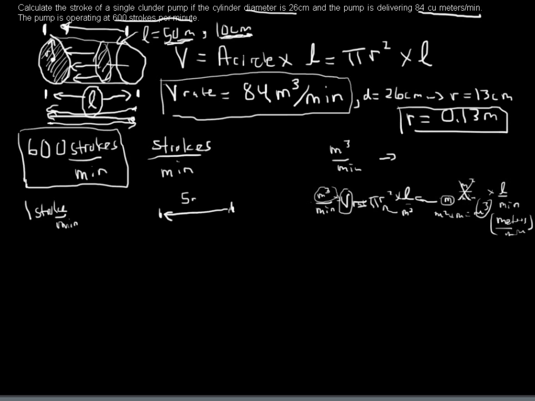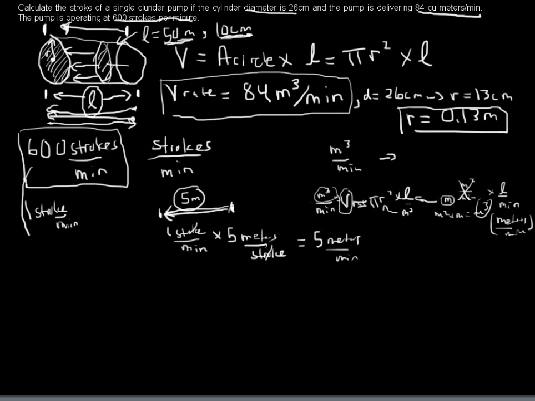Let's say this was 5 meters. So you would multiply 1 stroke per minute by 5 meters per stroke. Unit wise it makes sense because strokes would cancel out and you would cover 5 meters per minute, because you'd be going from here to here in 60 seconds.